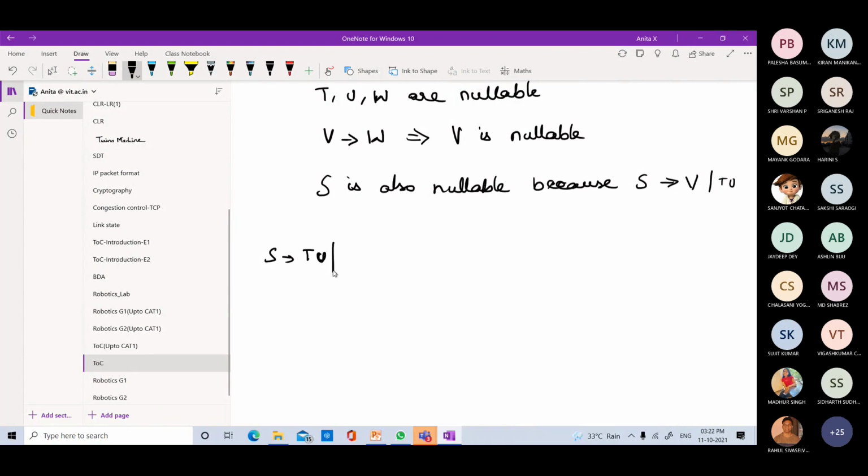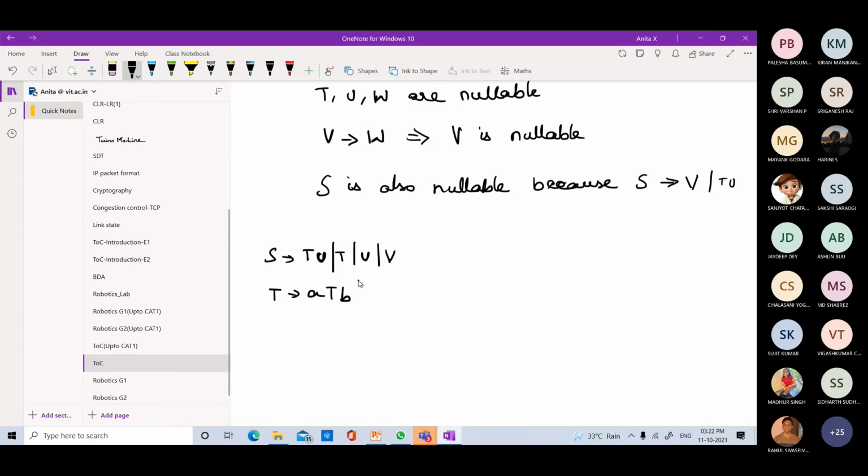So this is with respect to the first one. And next comes T derives A, T, B or epsilon.